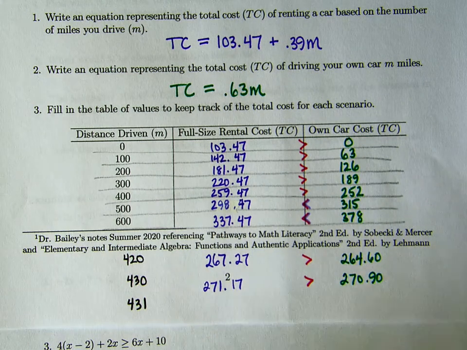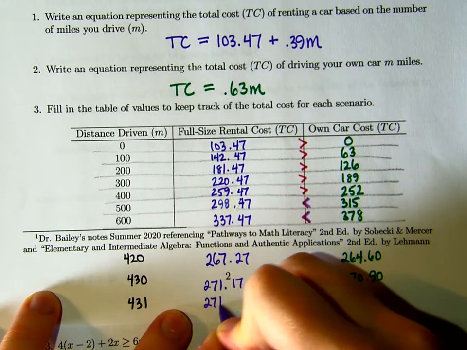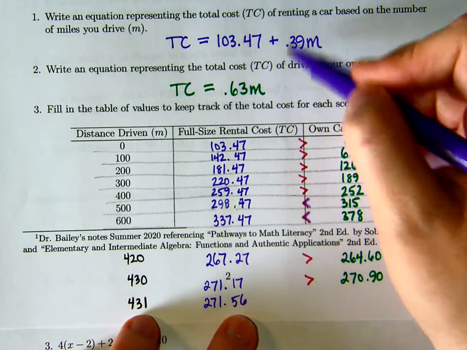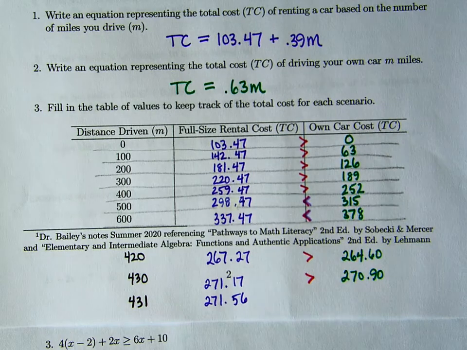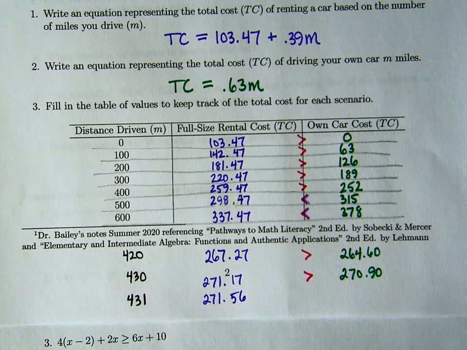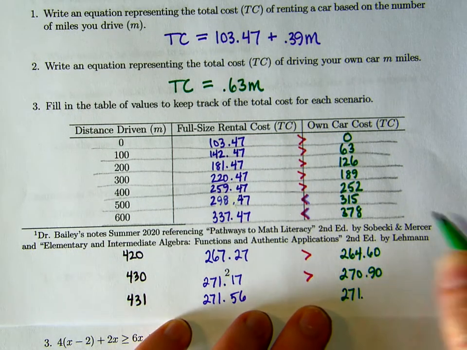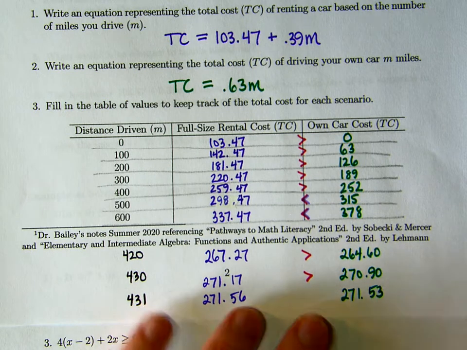The rental car would be $271.56, which makes sense. That is 39 more cents. Okay. And 63 more cents tacked on to this cost of $270.90, plus 63 cents would be $271.53.